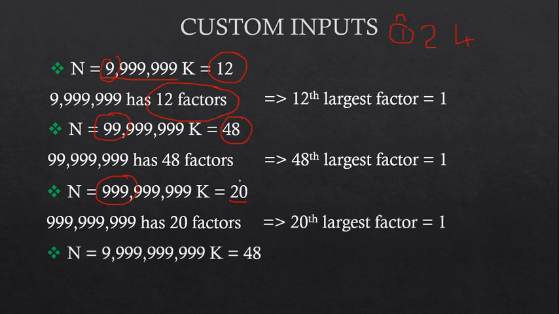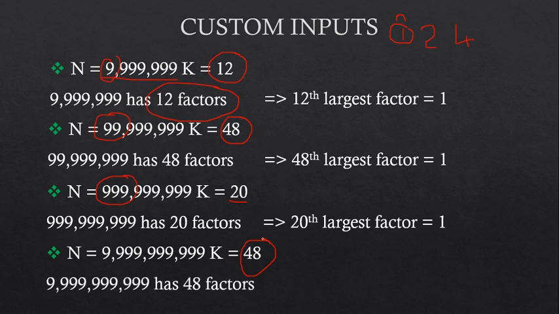So let me see what happens if I give the highest input possible. In your program, the highest input possible is 10 nines. For this one, the number of factors is 48, guys. I've calculated already. So what is the 48th largest factor? 1. For this number, 48th factor should be 1.